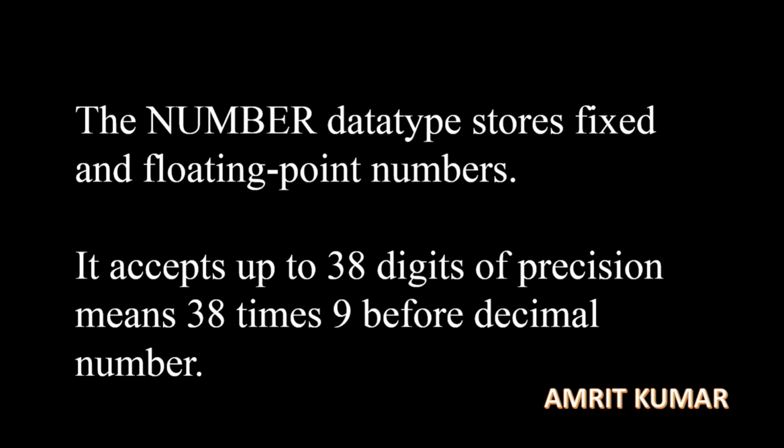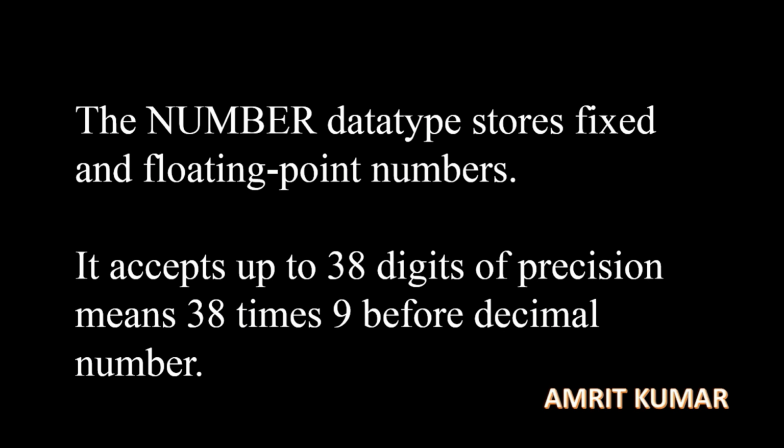But you know about numbers, and what other types of number there are, that it can store fixed, it can store floating values, double and all. So the number data type stores fixed and floating point numbers. You already know about this.